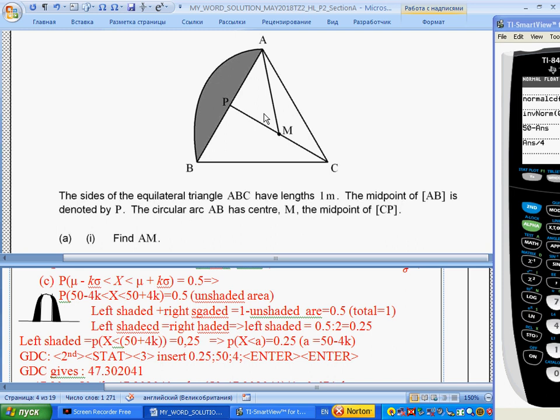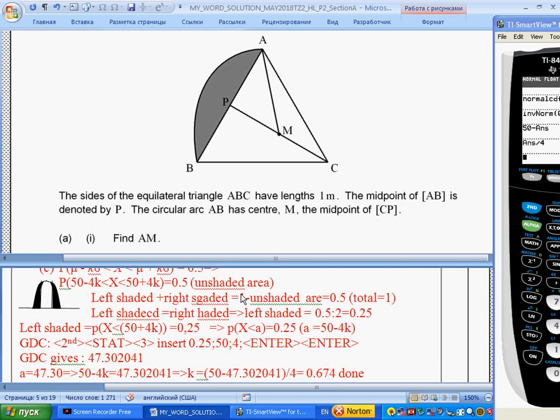To find AM, we will use Pythagoras several times. First of all, we need side AP, it is half. To find PC, we use Pythagoras for triangle PAC: 1 is the hypotenuse, half is one side, and the unknown side is x. Then we divide the unknown side by 2, and then we have PM, so we can find AM using Pythagoras.